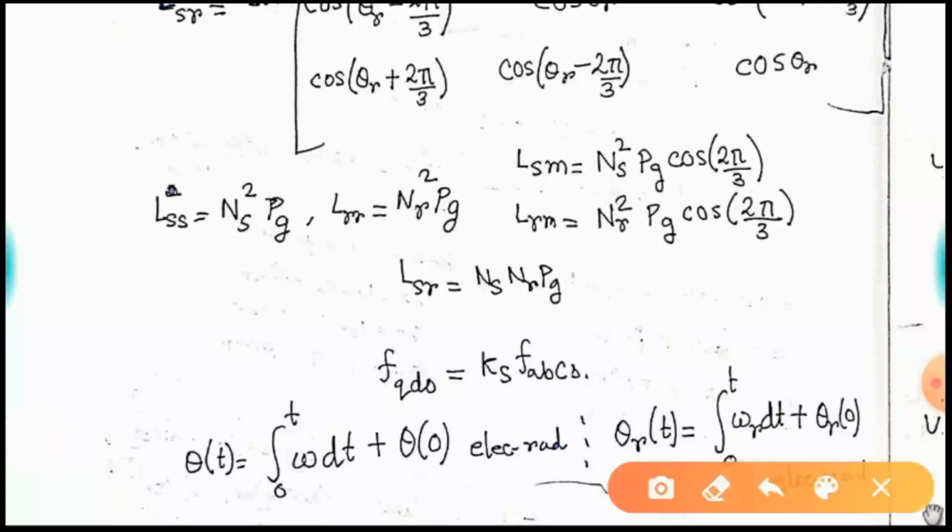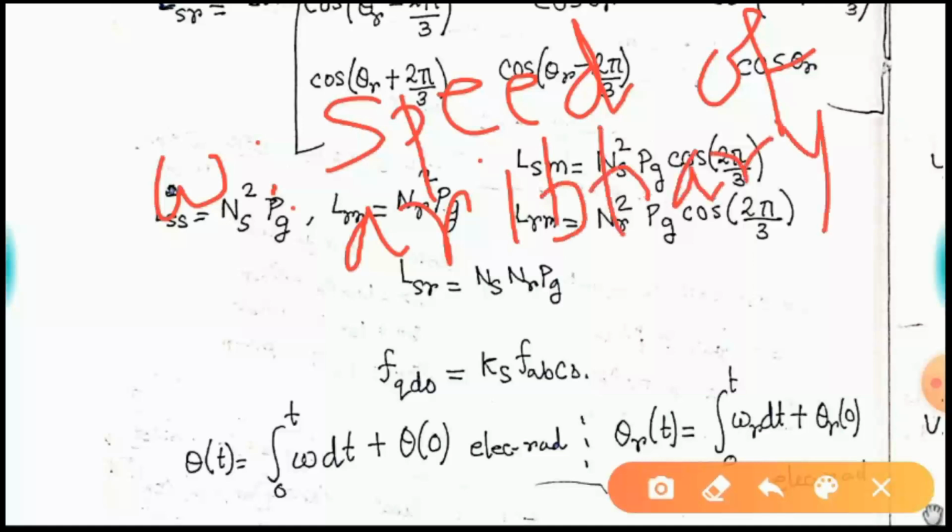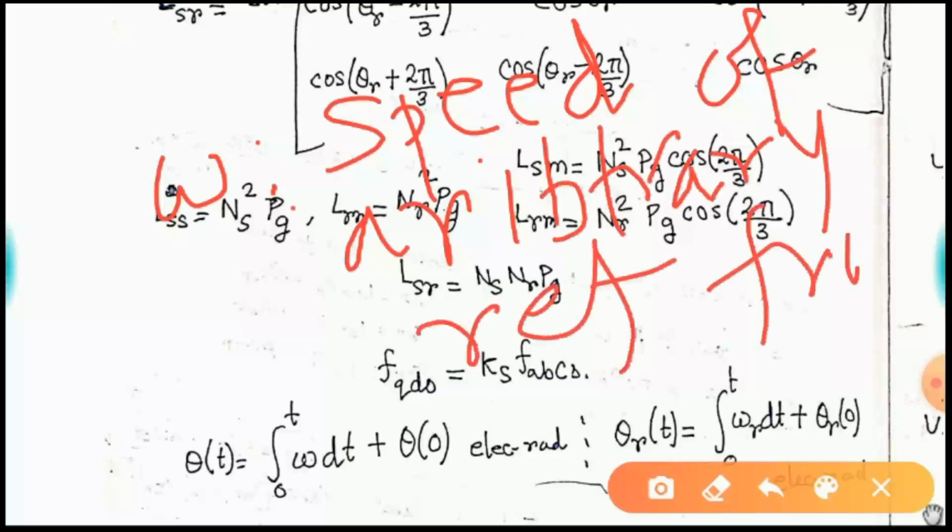This omega is the speed of the arbitrary reference frame, right?